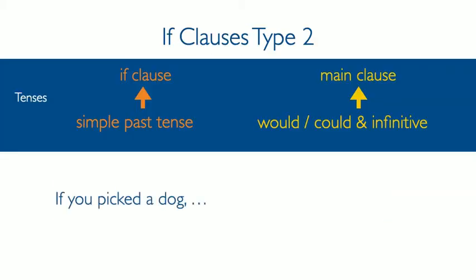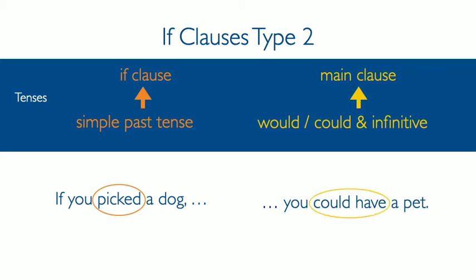If you picked a dog, you could have a pet. In this sentence, you see that we use the verb picked in simple past tense in the if clause and the verbal construction could have in the main clause. Okay, and what about our second example?